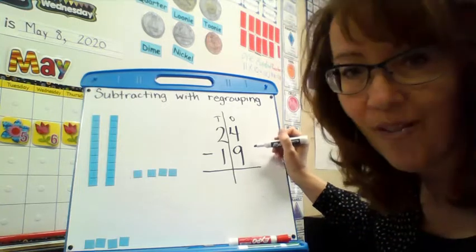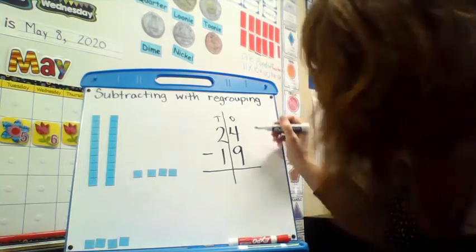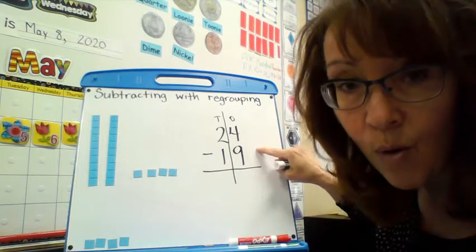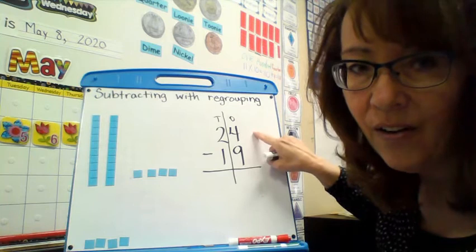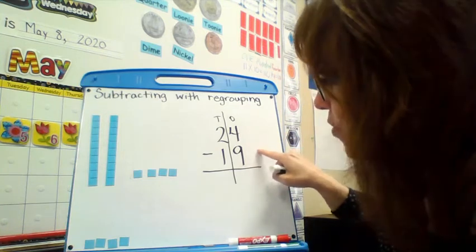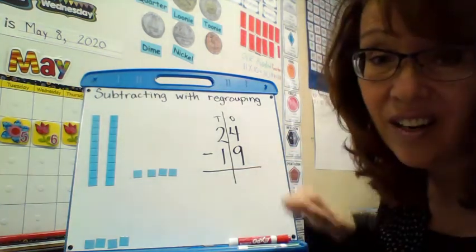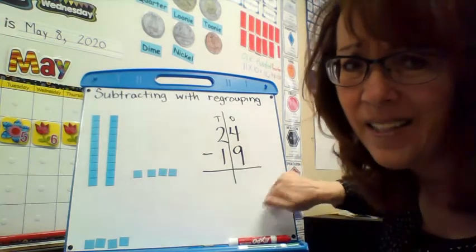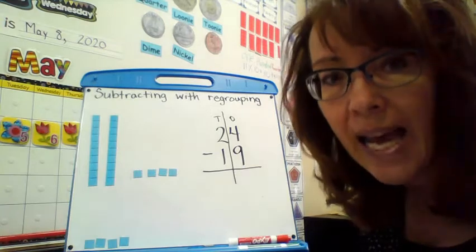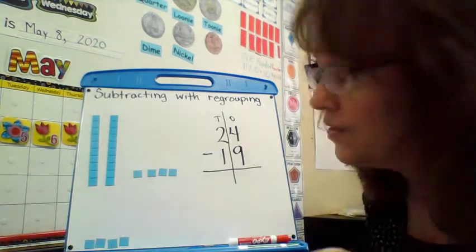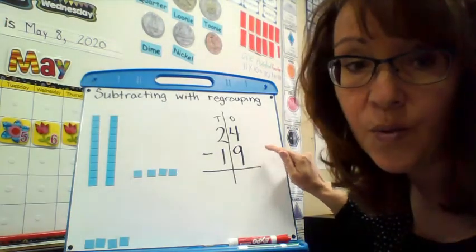Now, if I have more on the floor, meaning that I have more in this position and not here, I need to go next door to the tens place and I need to knock. Hey, tens place. I need to get 10 more from you so that I can make my question work.